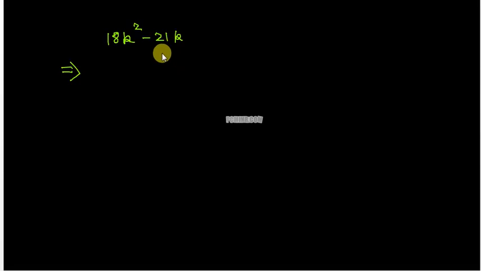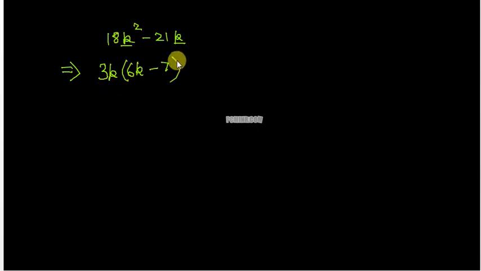They both fall in the table of 3, because 3 6s are 18 and 3 7s are 21. So I'll take 3 common outside. Here is 1k, here is k squared, so I can take k common outside. I am left with 6k minus 7. Because 3k into 6k gives me 18k squared.